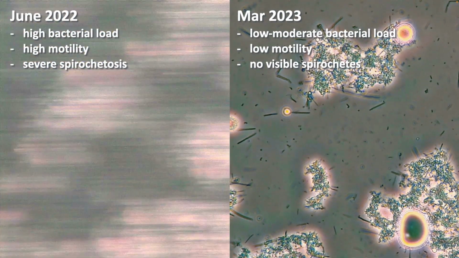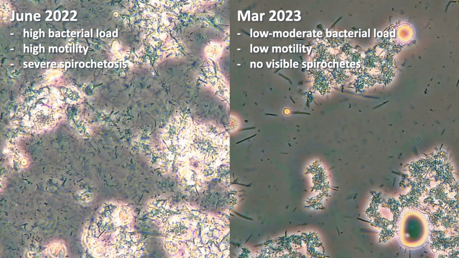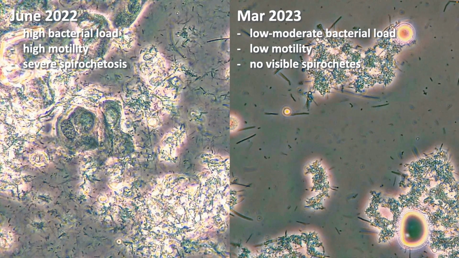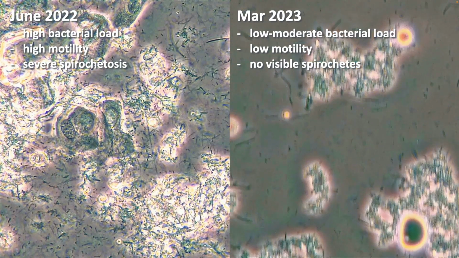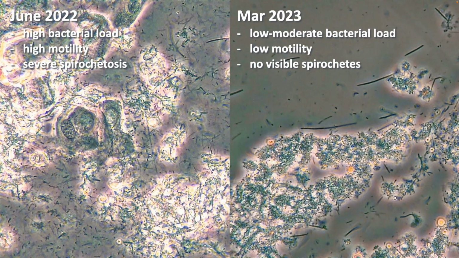And by March of this year, this is what her biofilm looked like after home rinsing with ozone, and several rounds of guided biofilm therapy and 1 round of laser therapy. There's no longer any visible spirochetes.